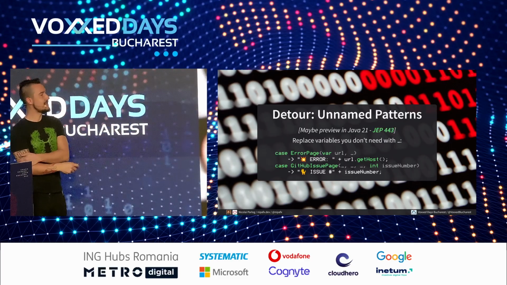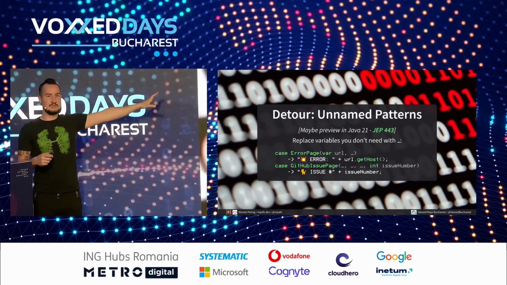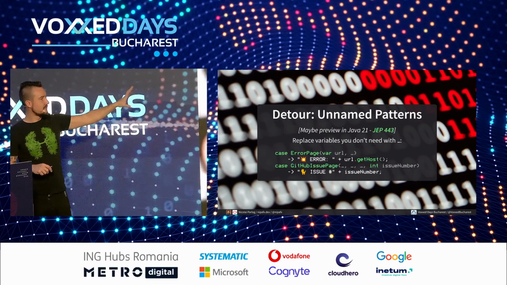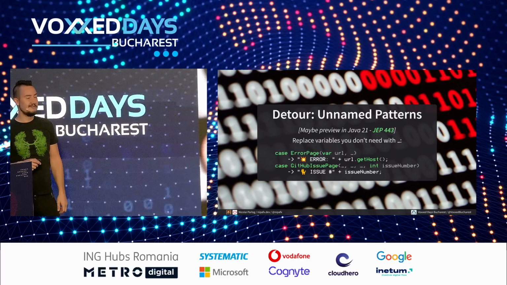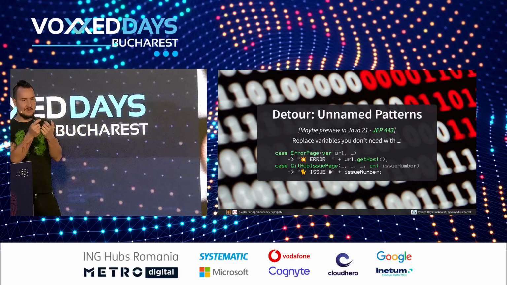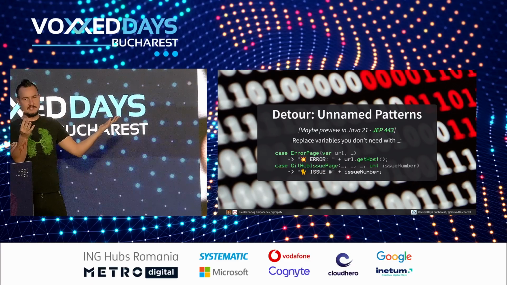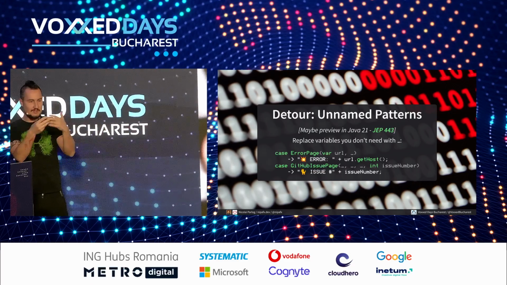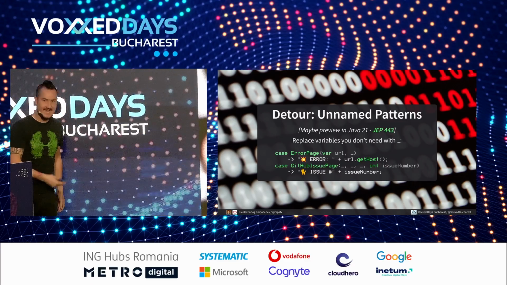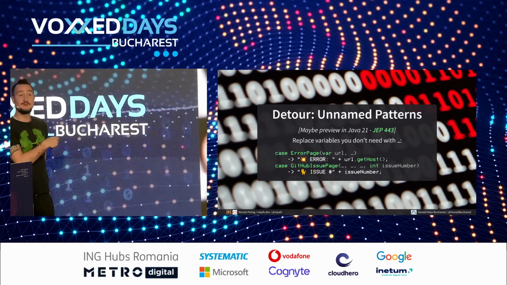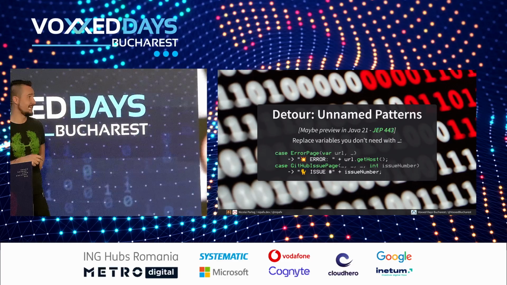So I read up on it, and it said, well, maybe in the future, we want to use it to mark that this variable is not used. I'm like, holy crap, I need that all the time. Like, you often create lambdas that take 2 parameters, but I only need the first one, or I only need the second one. I always have these additional parameters flying around that I don't want. I can't use the underscore anymore now. So I started using 2 underscores. That's why I did that on the previous slide.